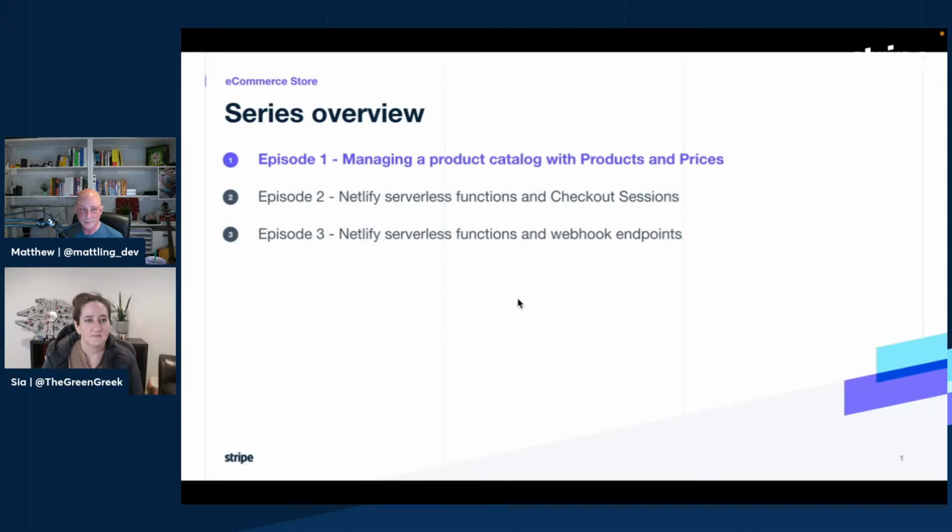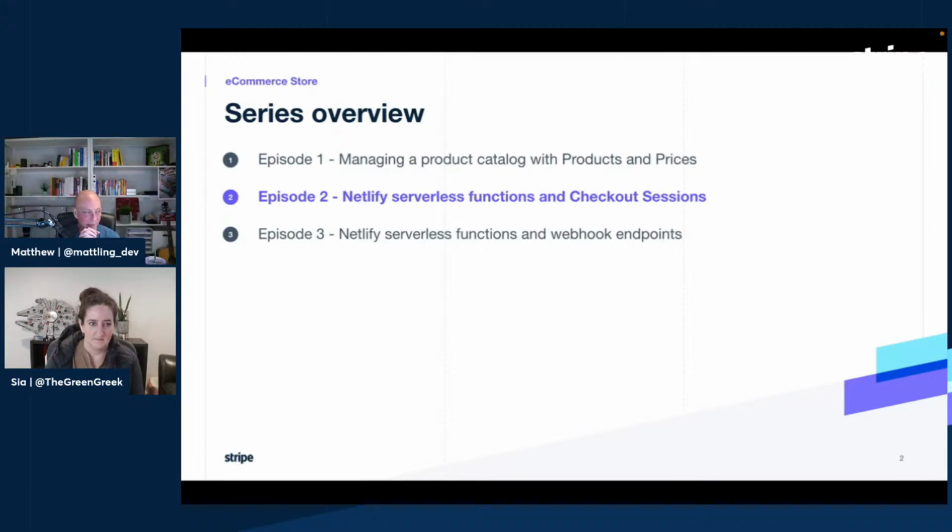And then in this episode 2, the idea will be to leverage Netlify serverless functions and Stripe checkout sessions in order to provide a way for your customers to actually pay for your products. And then, of course, a hint for next week, there is going to be an episode on fulfilling those orders once your customers have paid using a webhook endpoint, also using Netlify serverless functions.